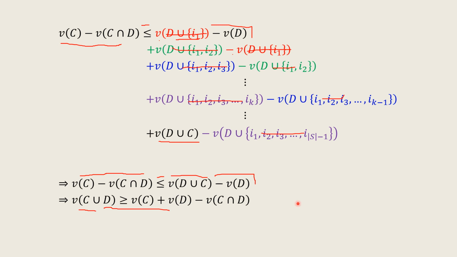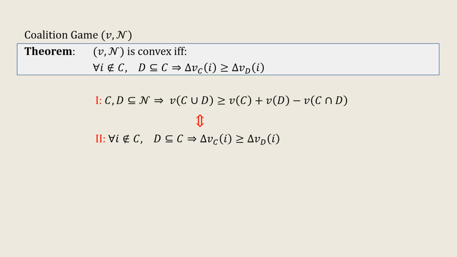And this is the statement that we wanted to prove. This is proved now. So we have proved this theorem here, and this gives us an alternative definition of a convex coalition.